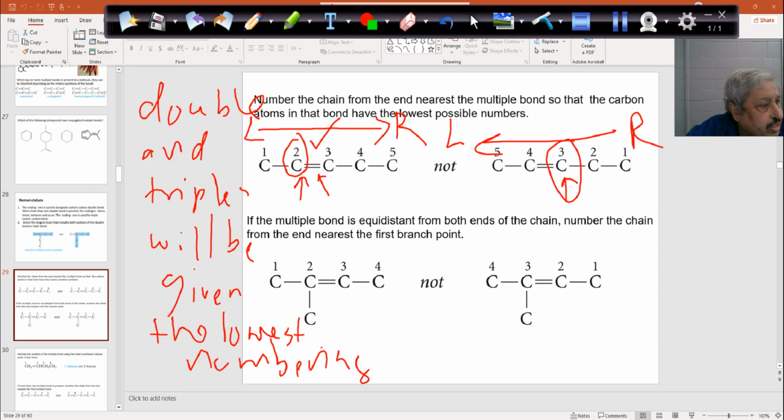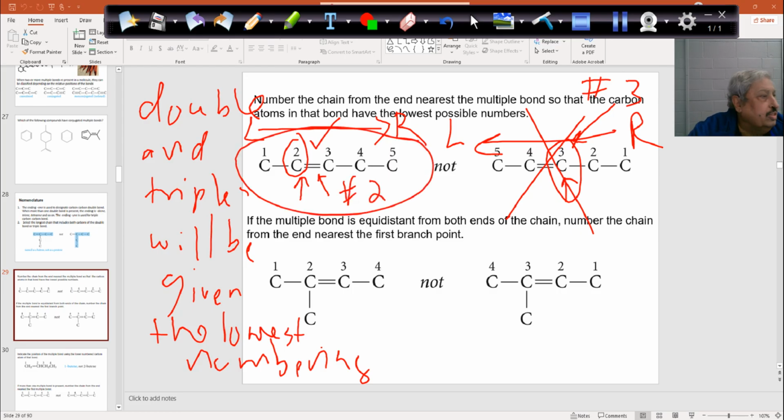So the skeleton is made of the longest straight chain. Correct? The double bond, triple bond, when they are present, they have to have the lowest numbering. This is number 3 here, and this is number 2. The lowest numbering, 2 is lower than 3.